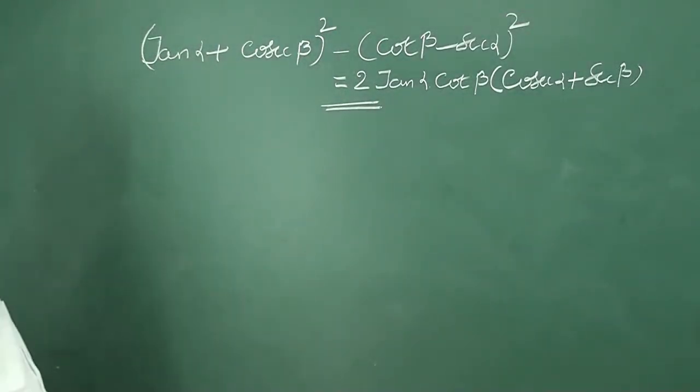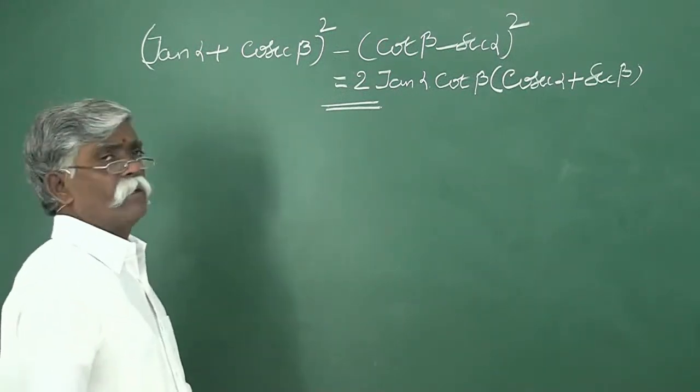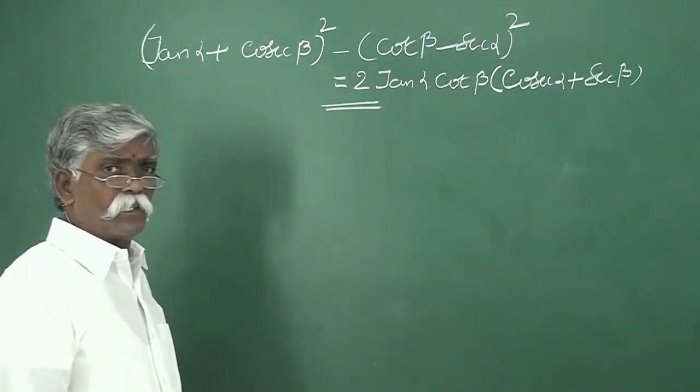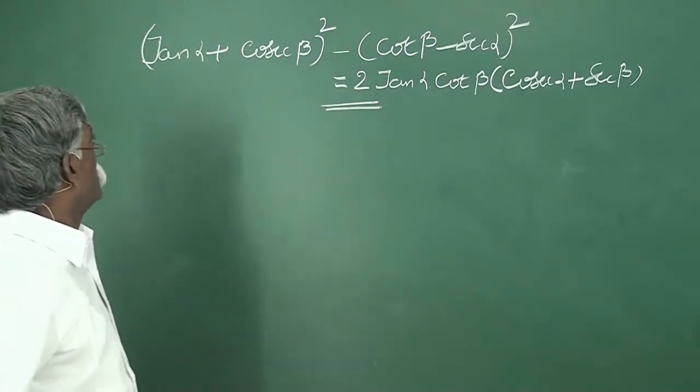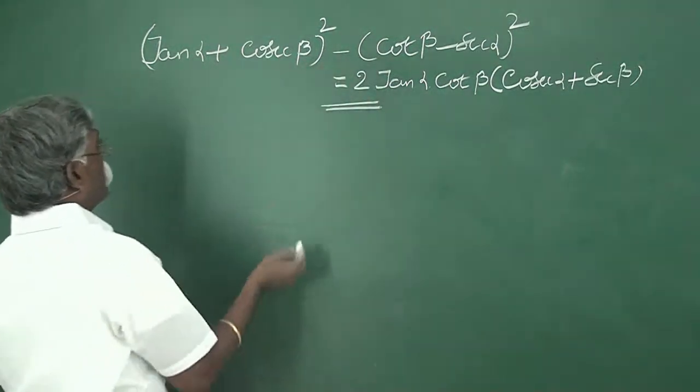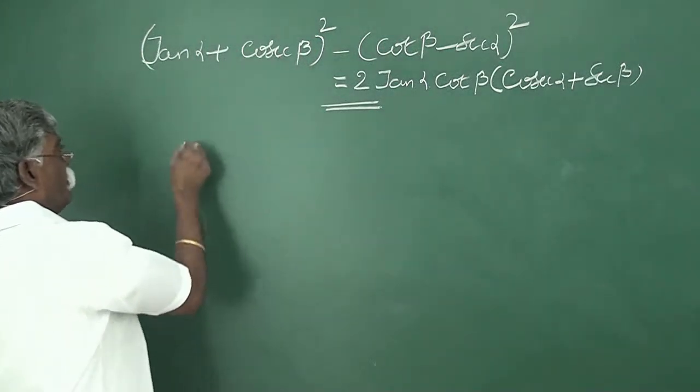Now, the left hand side, the first one is a plus b whole square, the second one is a minus b whole square. But not same. Let us expand this.